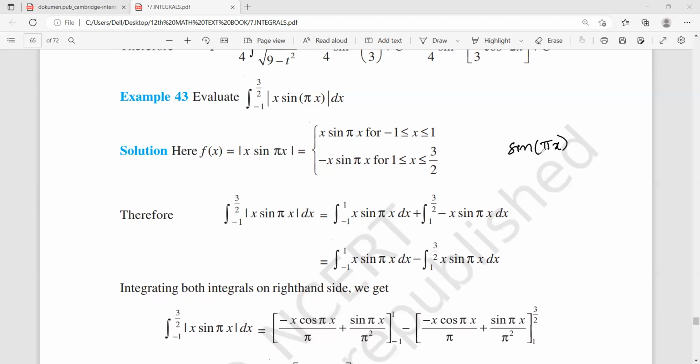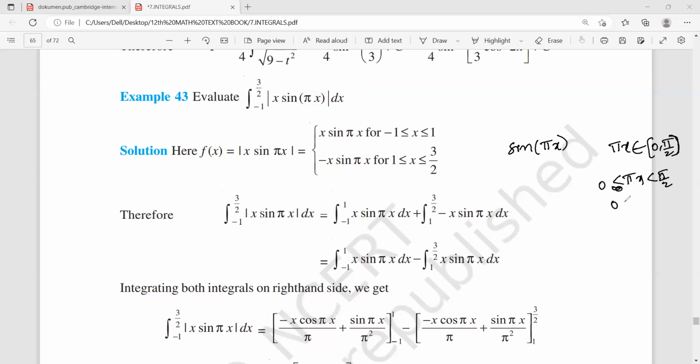So now pi x belongs to Q1, I think, 0 to pi by 2. I am checking in the first quadrant. What happens if it is in the first quadrant? That's my question. That means pi x lies between 0 and pi by 2.